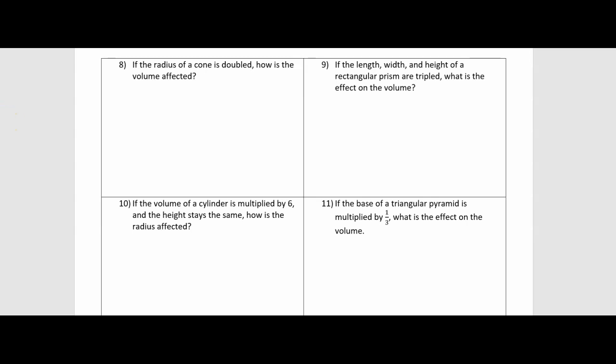So let's just look at number 8. If the radius of a cone is doubled, how is the volume affected? Well, if we look for the factor that the pre-image is scaled by to get the image, we need to do image volume over pre-image volume.